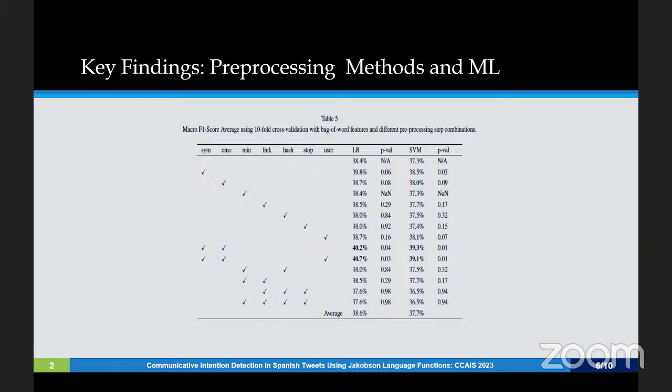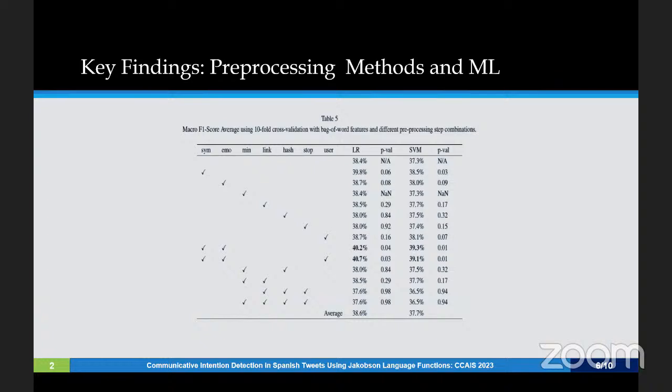Well, we conduct a statistical analysis using all combinations and a paired sample t-test with a significance level of alpha 0.05.